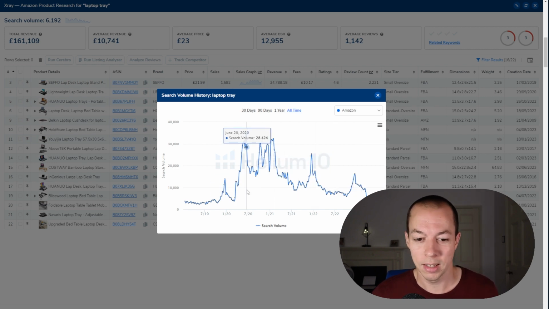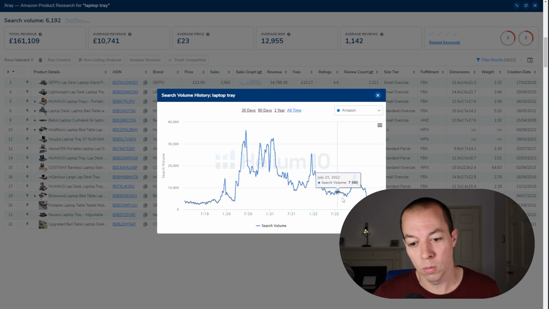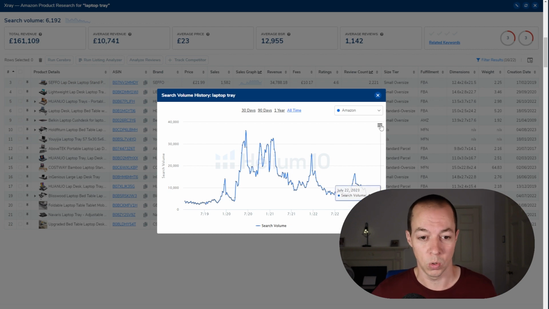So this is why seasonality is super important. It can tell you about seasonality, but also about product trends as well. And look at this. It does look like we are starting to potentially bottom out here, so maybe demand won't drop much lower. But if you are seriously considering this product, you need to be fully aware that this may drop down again next year, but also you're going to see a spike as you move into Q4.